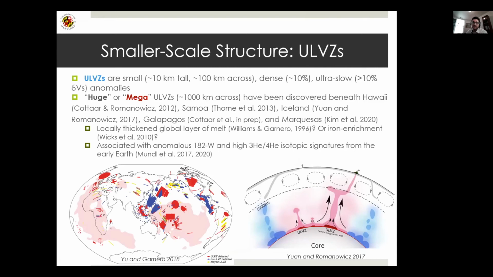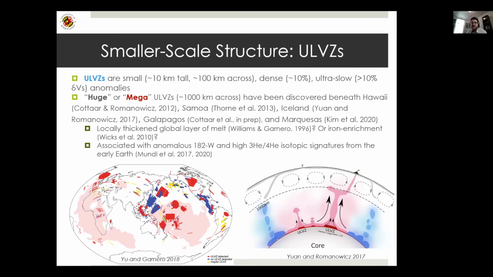LLSVPs, and the kind of canonical small-scale structure in the lowermost mantle are ULVZs, ultra low velocity zones. These are small, about 10 kilometers tall, about 100 kilometers across. They're dense, about 10% denser, and they're ultra slow, which means that the velocity decrease of VS is greater than 10%.